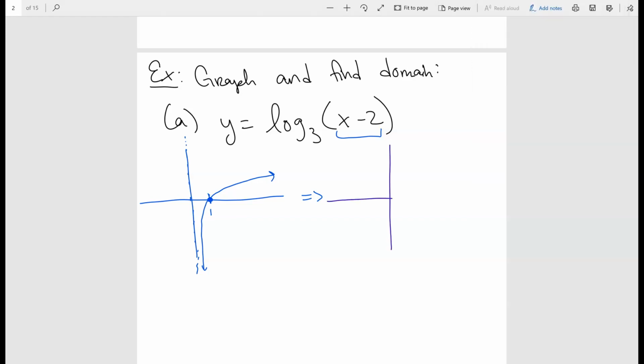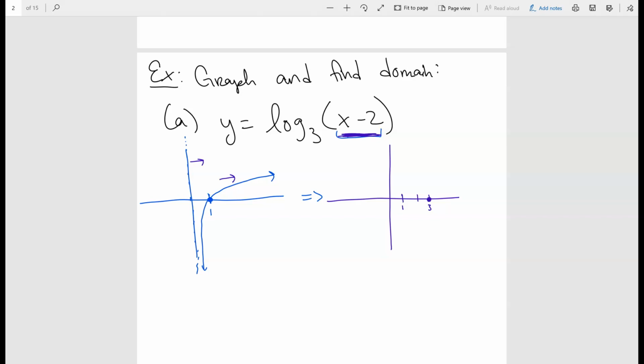So we're going to go 2 units to the right-hand side. I'm going to go from 1, 2 units over, so now I'm at 3. But notice when I move this over, what else is going to move over? The vertical asymptote. When you had a shift like this in the x value for the exponential, it didn't move, but here it's going to move.